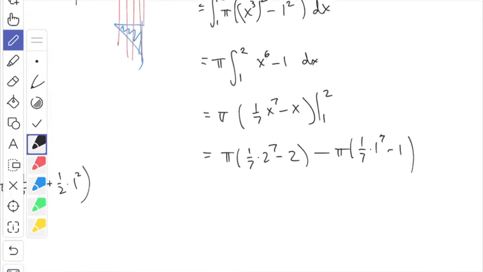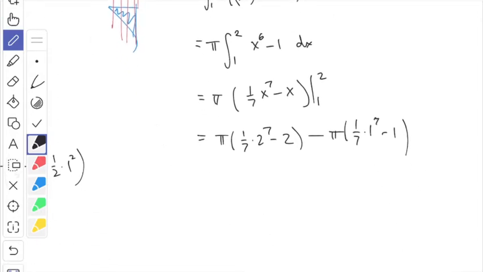Yeah, at this point, instead of the way I wrote it, you could write pi over 7 x to the 7 minus pi times x. That's fine. And then do the same plugging in. Yep, you'll end up with an equivalent thing.